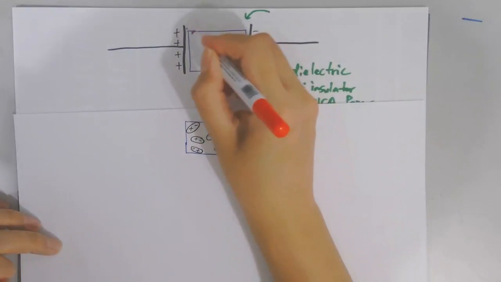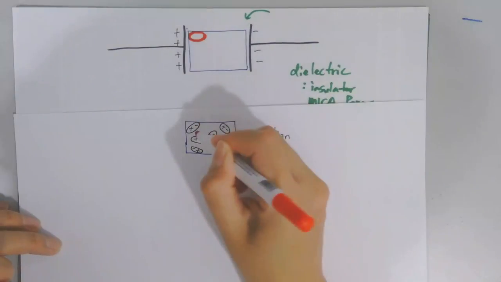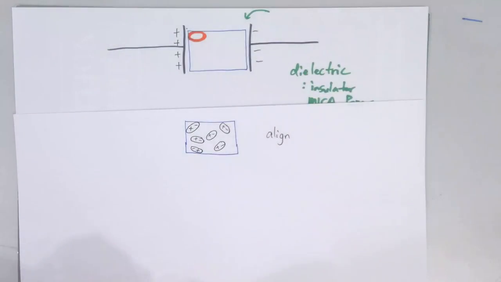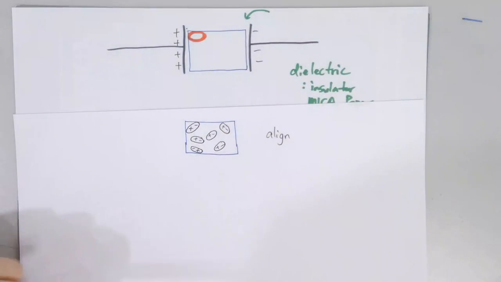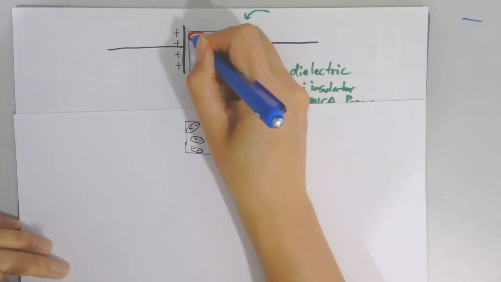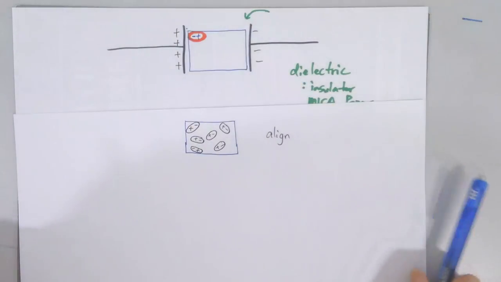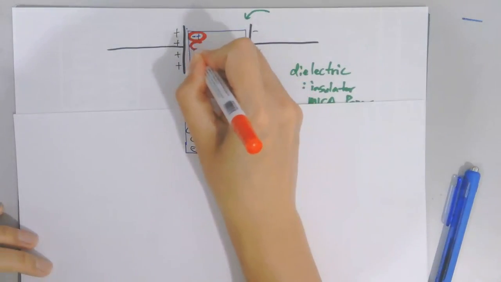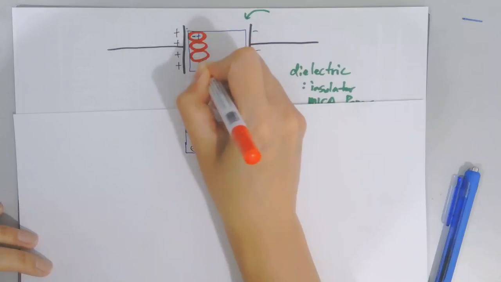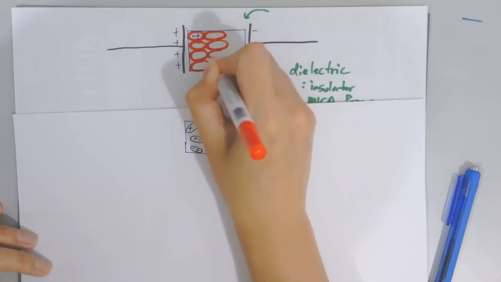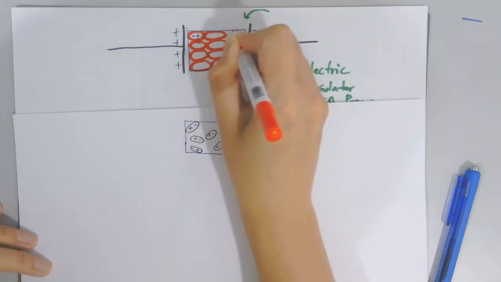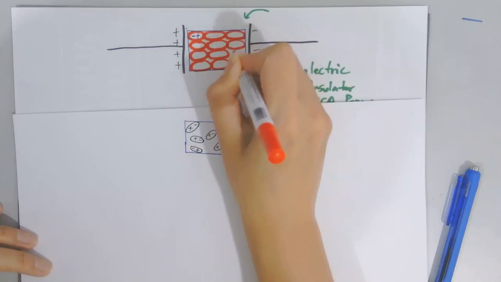Dengan macam mana? Okay, dia akan susun begini. Sebab ini positive plate kan. So negative side of the molecule, I will found that will be somewhere here. This one negative, this one positive. Right? Untuk ini pula, tengok. Sini contohnya dia susun begini. Dia susun dengan kemas dah.